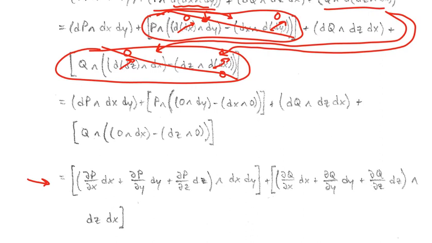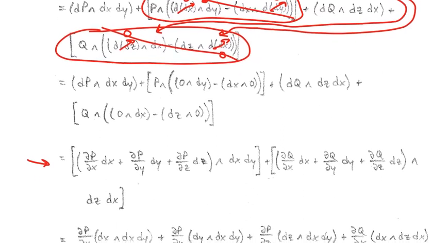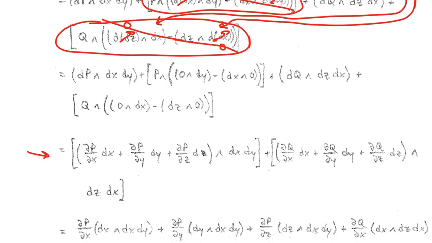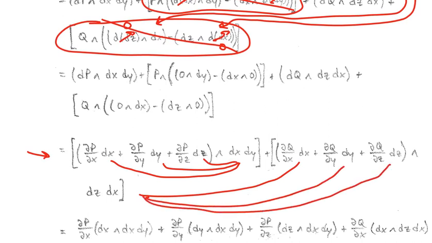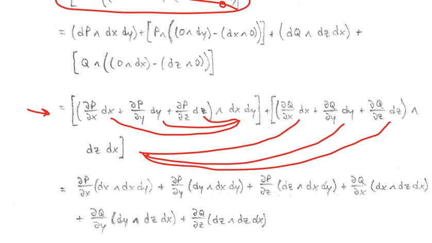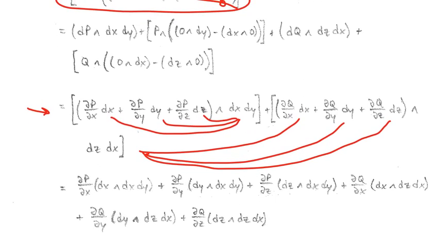We now multiply our differential two forms into each of these terms. There and there as well. And that gets us to this line right here.